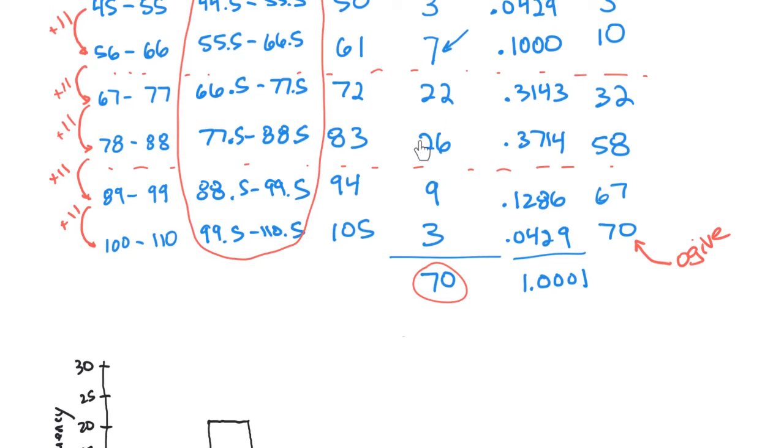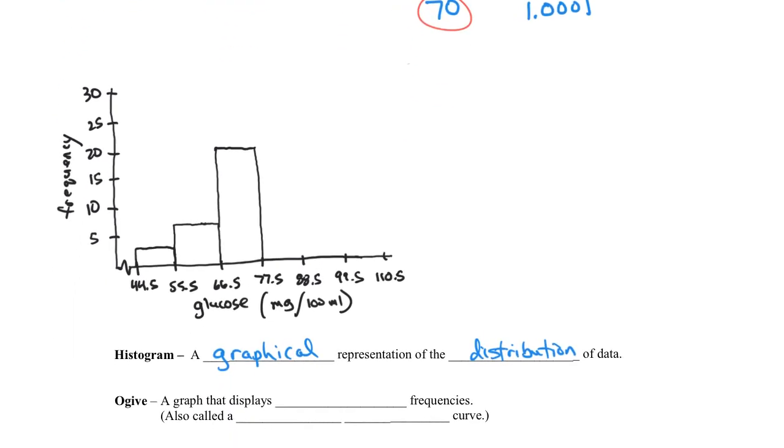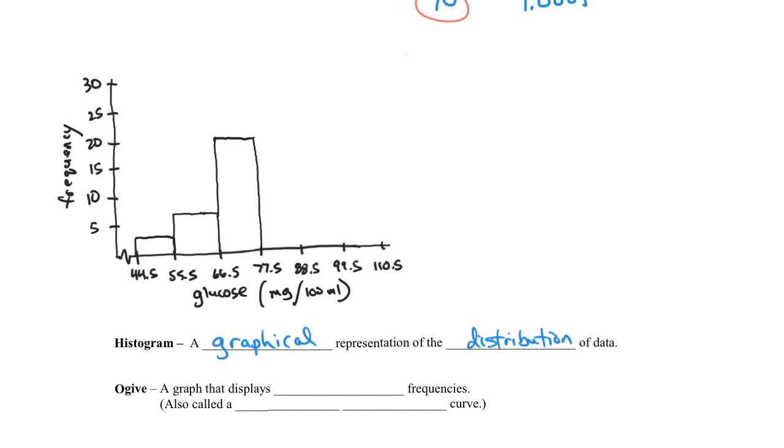So I've got 22 data points in this class. Right, that's where the 22 is coming from. The next one's going to be 26. So we make this 26.